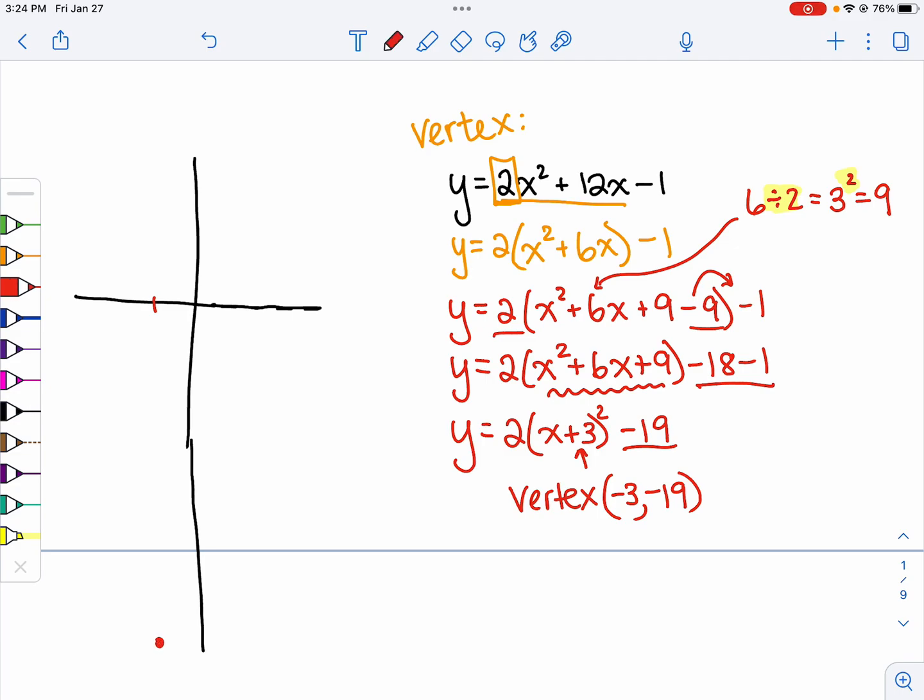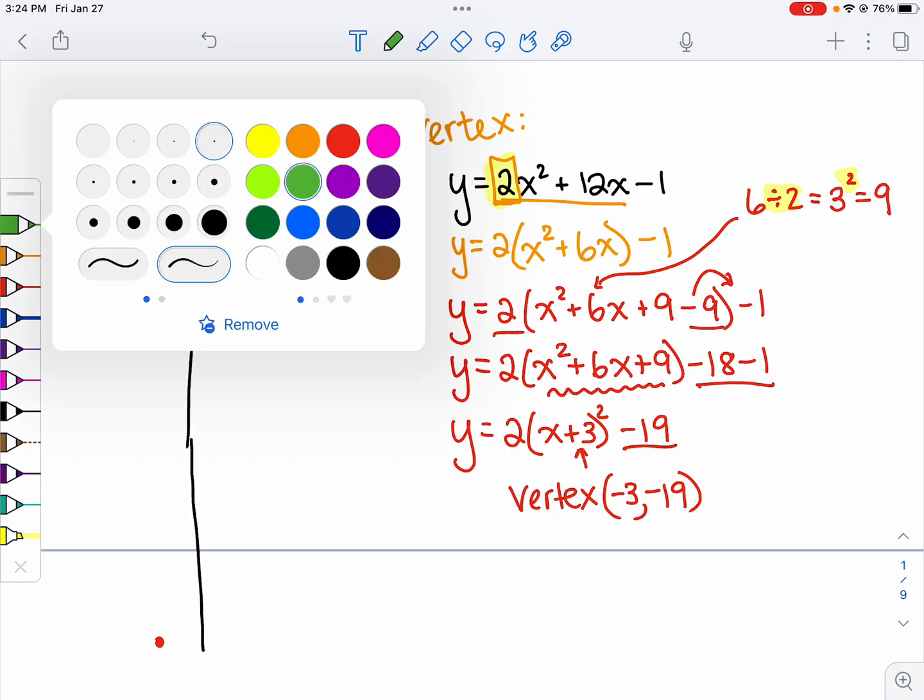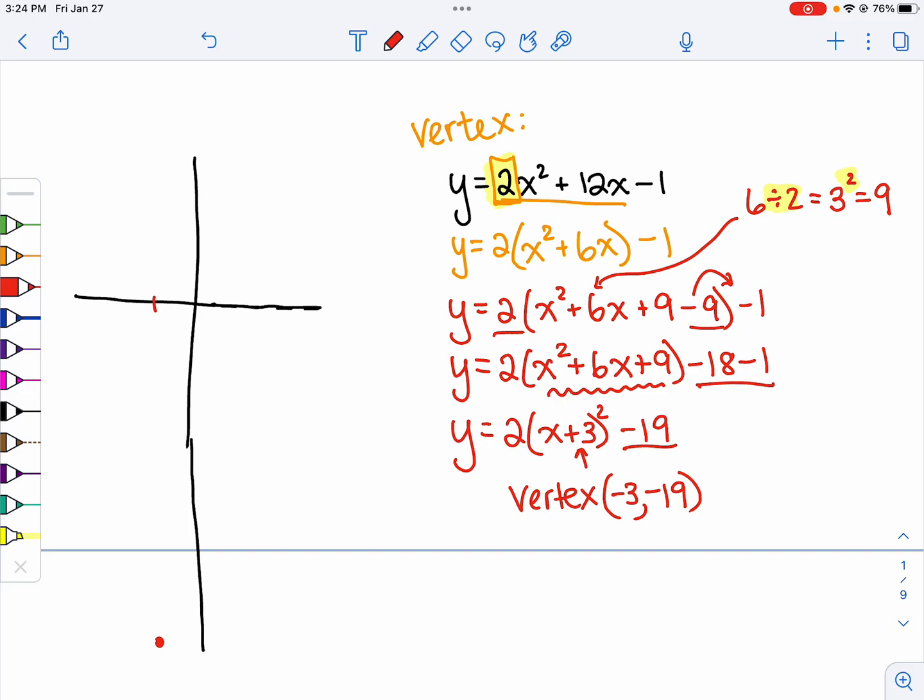And then to get another point, our a value is 2. So I like to do it like this. To get my next point, I usually would go over 1 from the vertex and then up 1. But since I have this, it's like a vertical stretch. So it's going to make this go up by actually 2.